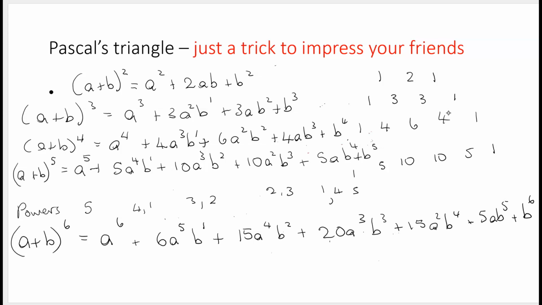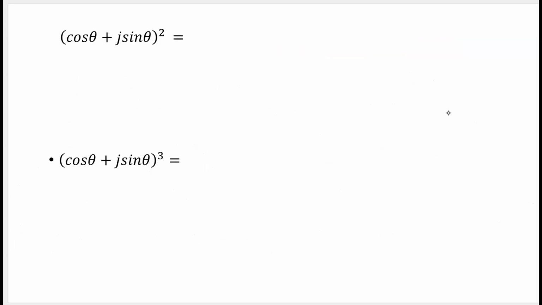We're taking a complex number, cos theta plus j sine theta, and we are squaring it. Before we start, just remember some things. Remember that j squared equals -1.